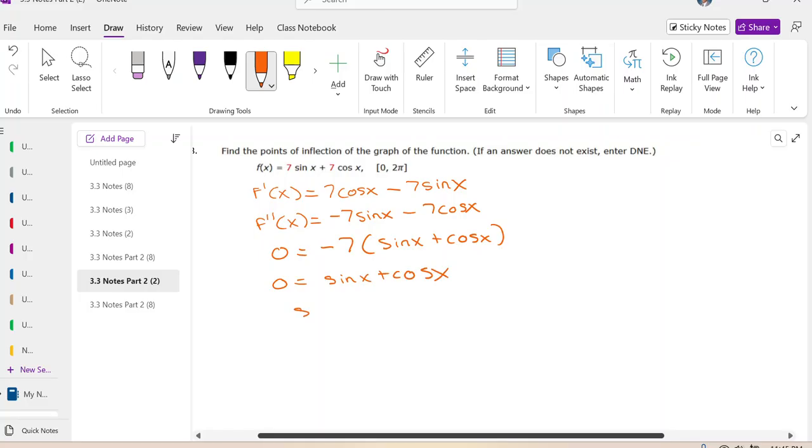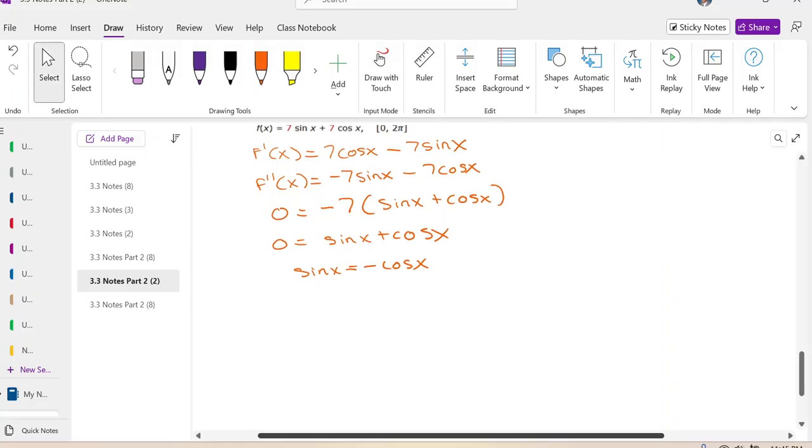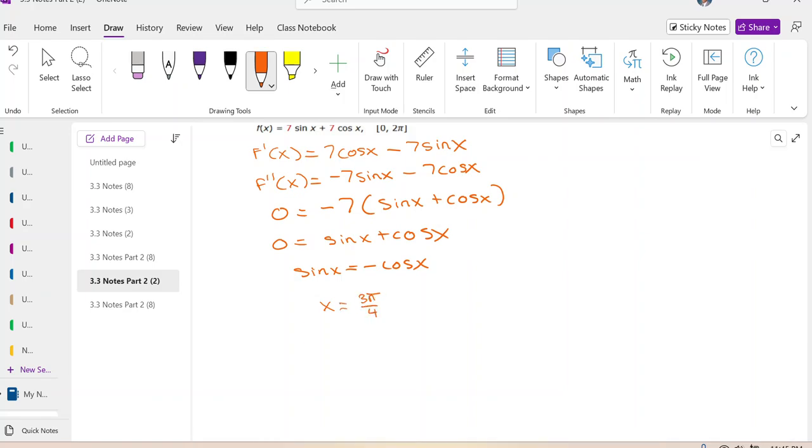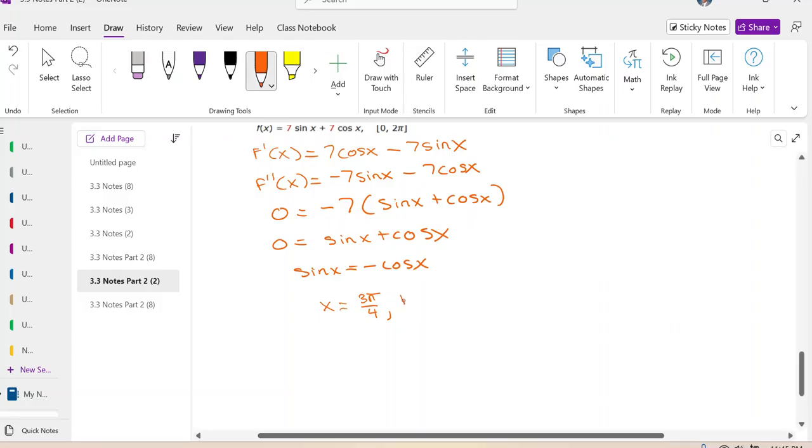And you want to know, where does sine x equal the negative cosine x? And that occurs when x is equal to 3 pi over 4 and, actually, sorry, 7 pi over 4. Because that's in the second and fourth quadrants.